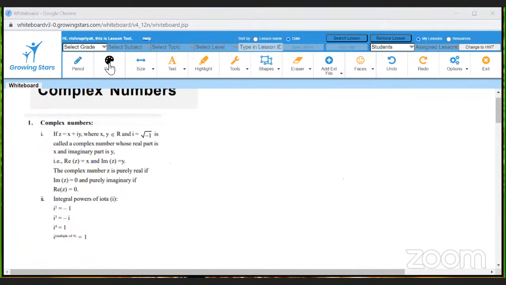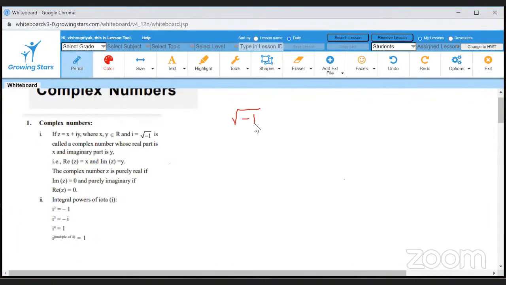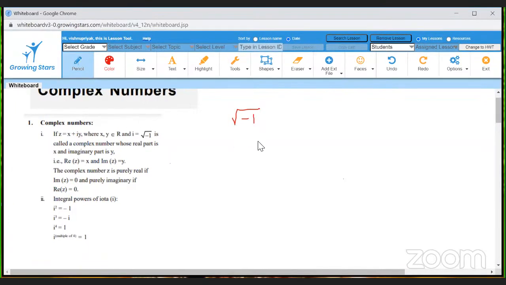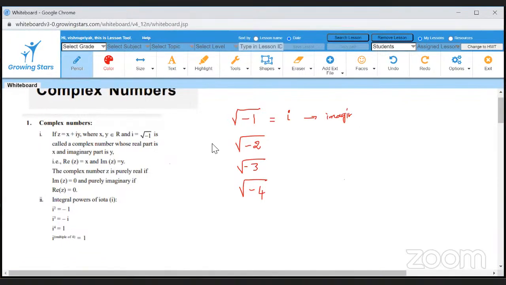So actually, the necessity for complex numbers arose because we are not able to find the square root of negative numbers, like square root of -1, square root of -2, square root of -3, square root of -4. We can't find them. That's why we are learning complex numbers, because in complex numbers, square root of -1 is given as the imaginary number i. i is called the imaginary number. And this imaginary number will allow us to find the square root of negative numbers.